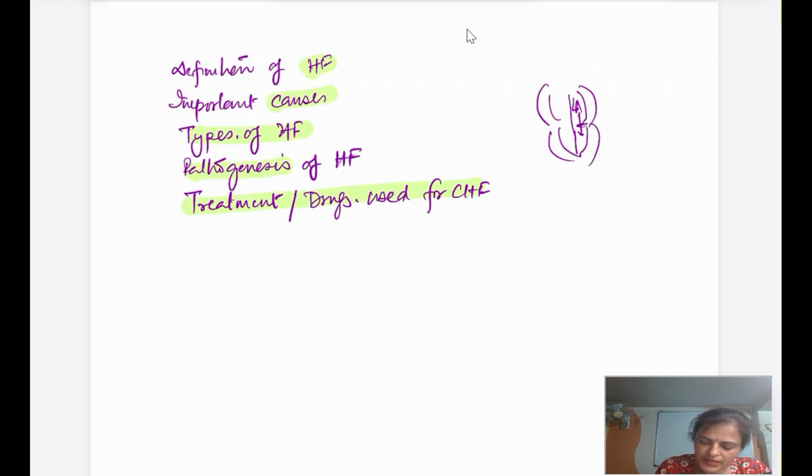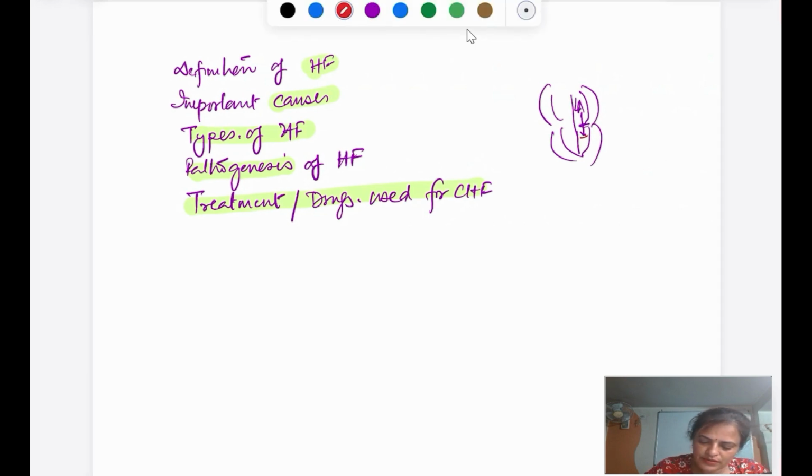Then the left ventricle contracts and pushes the blood towards the aorta, and the whole body gets the blood, with a residual amount of 60 to 70 ml left in the left ventricle.